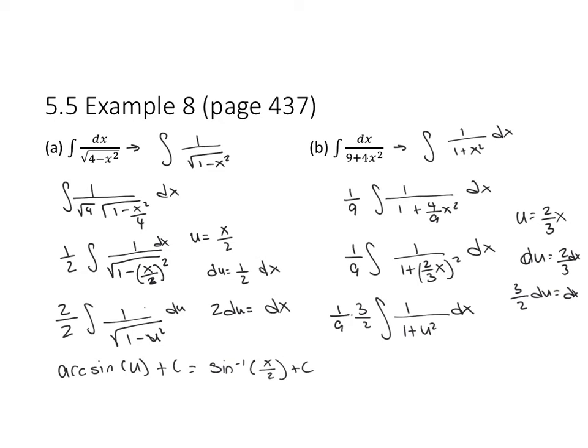So now we can take the antiderivative. We have a 1/6 out in front, and the antiderivative of 1 over 1 plus u squared is arctan. So tan to the negative 1 of u plus c, or 1/6 arctan, and my u is 2/3 x plus c.